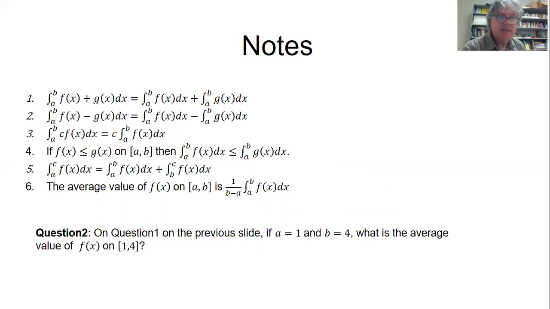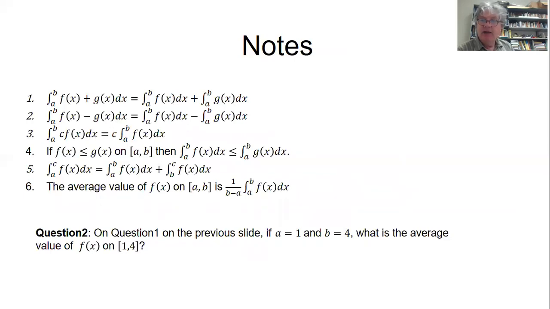Likewise, the integral of a difference is the difference of the integrals. Similarly, the integral of a constant multiple of f is a constant multiple of the integral, because when we write it as a Riemann sum, we can pull the constant out of the sum.